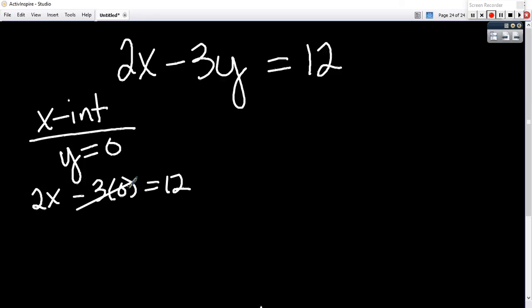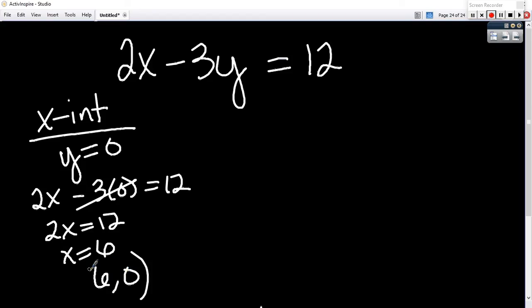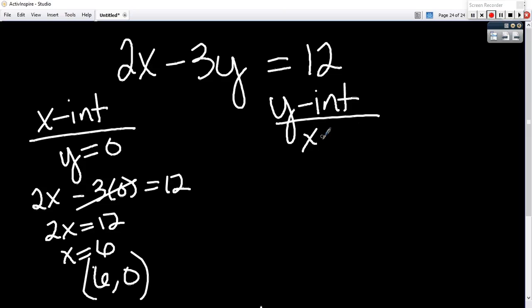This is just 0, so what does x equal? So this intercept is going to be 6, and we're going to write it as a coordinate point now. 6, 0. That is the x-intercept. How about the y-intercept? That's exactly right.